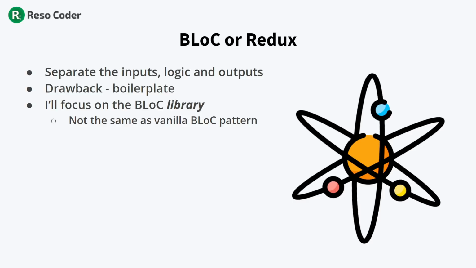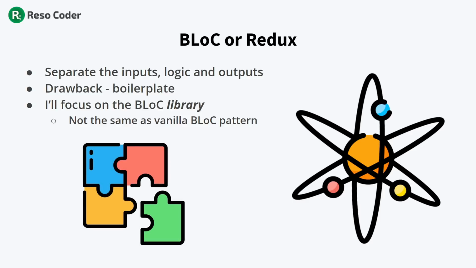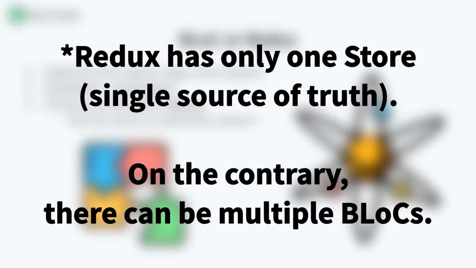Also, I'm gonna focus on the Bloc library, which is, by the way, not the same as the vanilla Bloc pattern. So if you have shivers because you've tried to implement the Bloc pattern yourself from scratch, don't worry, because the Bloc library is much simpler. But even though I'm gonna focus on the Bloc library, similar concepts are applicable to Redux as well.